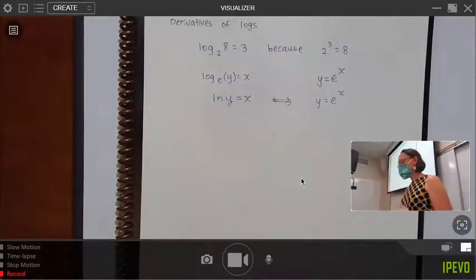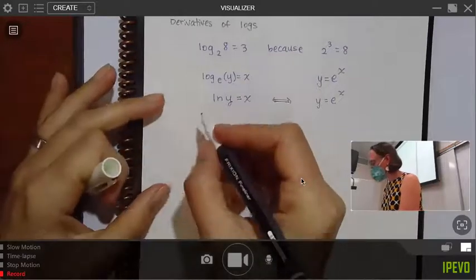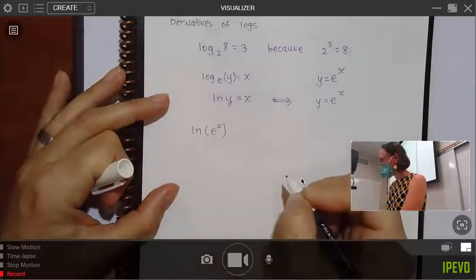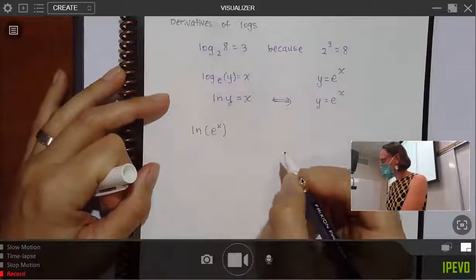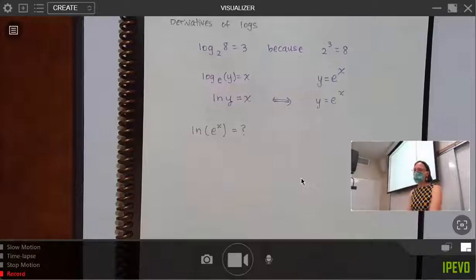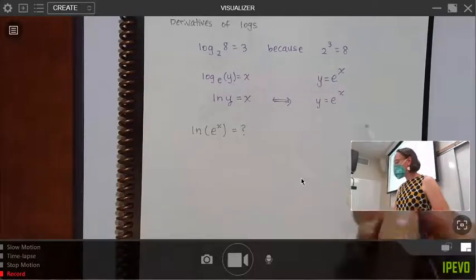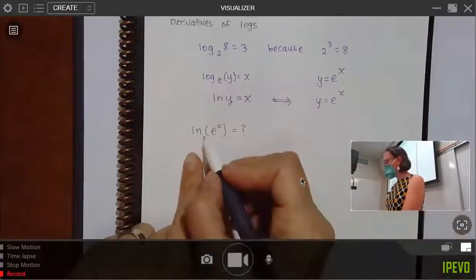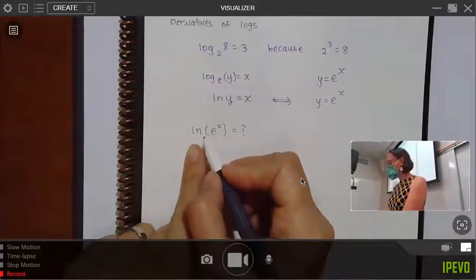And what that means is that if I take the natural log of e to the x, and I wasn't sure what that was equal to, well, if I rewrite that as an exponent statement, then the invisible base here is e.